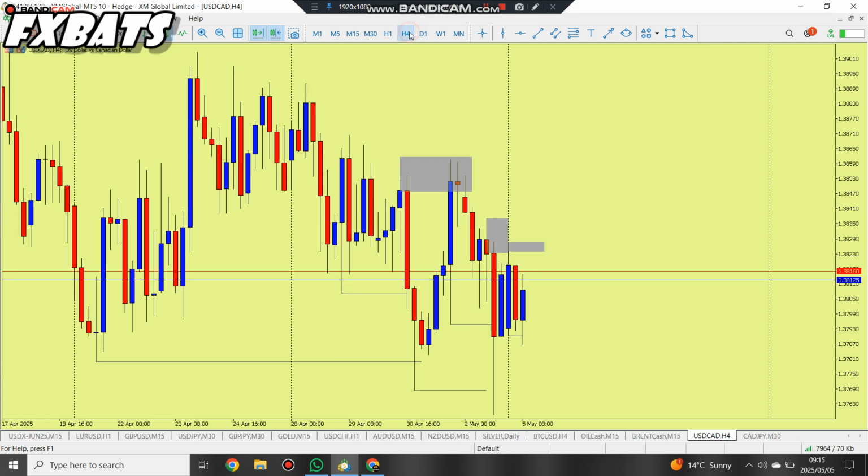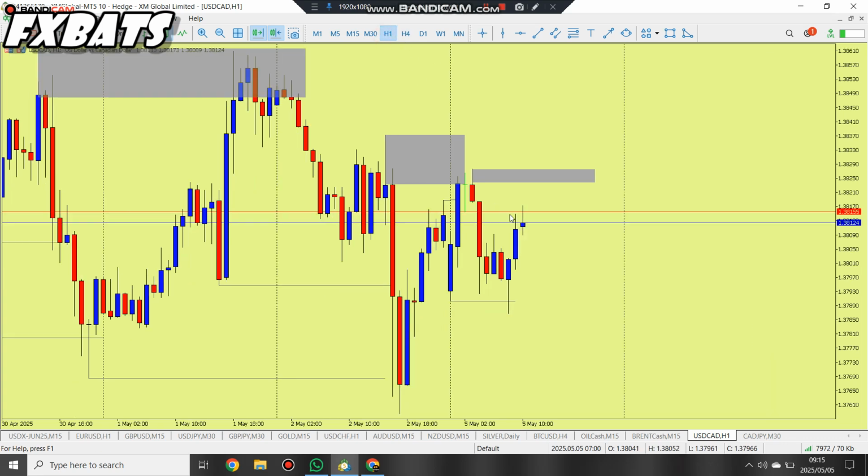Let's go down to the 4 hour so that we could see. On the 4 hour, this is the most recent break of structure, the most recent order flow leg, and we've been consolidating. On the 1 hour, we're definitely still in a consolidation.